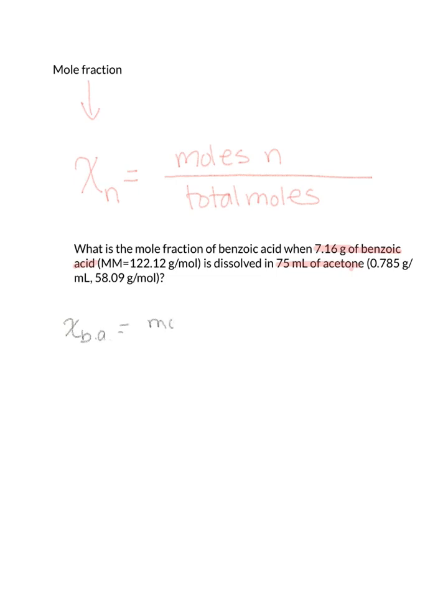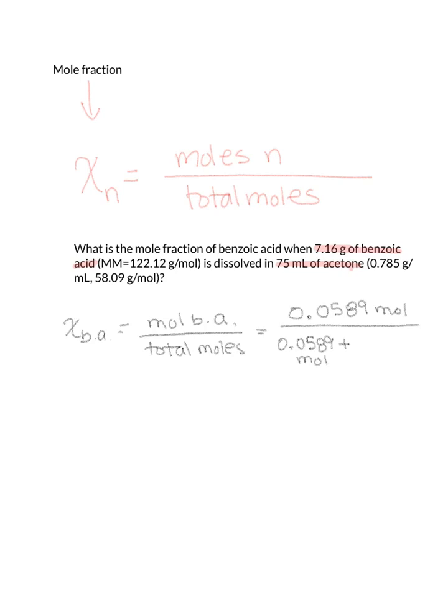I would need the moles of benzoic acid divided by the total moles. Well, we know the moles of benzoic acid. We found that out last slide if you just scroll back a little bit, right? It was 0.0589 moles. And the total moles, the 0.0589 are part of that, but I'm going to have to also add the moles of acetone. So I better find the moles of acetone really quickly.